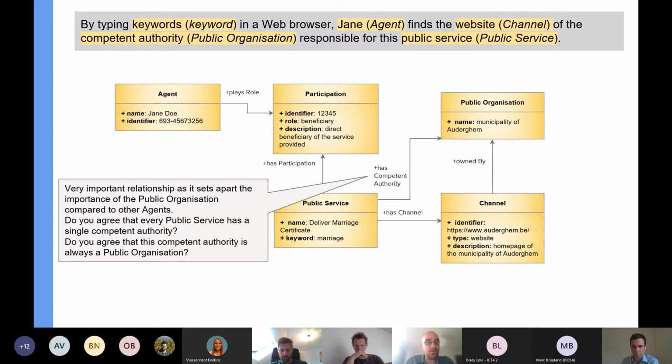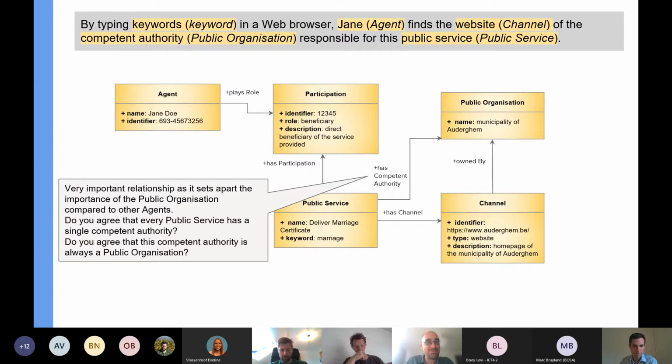But depending on the person who asks, the nature of the beneficiary, depending on the place, depending on the time within the cycle of the service, the competent authority might be different. There might be several competent authorities. Some authorities will lose their hands at some point because of some event, and some other authority will take charge. So it can be very, very intricate to describe in detail.